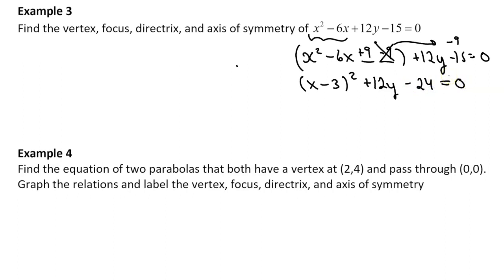So from here, we want to put this into our better form. And just to recall what that better form would look like, it would be the form of 4p times y minus k equals x minus h squared. For something like this, I would recommend let's move the x minus 3 squared onto the other side.